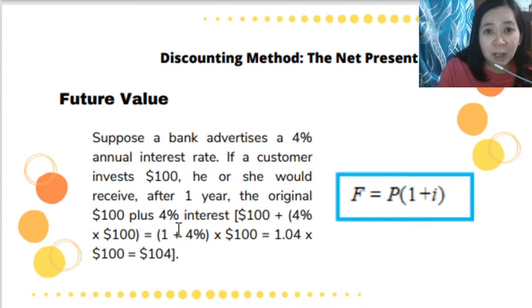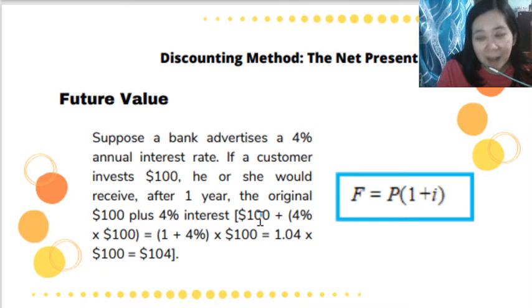If you compute that using the interest method, it is principal amount times rate times time, of 4%. So the interest earned with the 4% interest rate for this investment of $100,000 is $4,000.